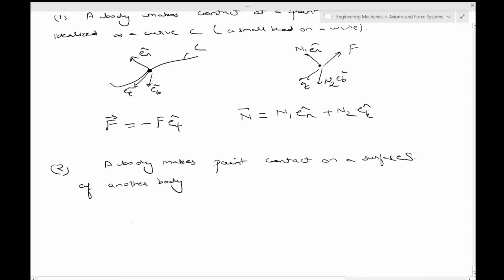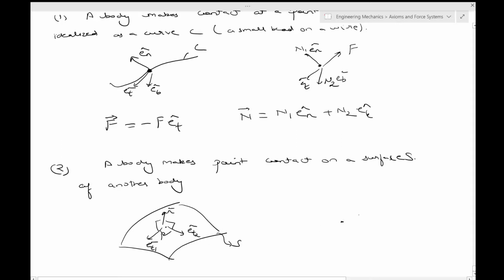So say you have the surface S and then point P, ET2, the second tangential direction. This is the first ET1 hat and this is the normal. Okay, so clearly this will be perpendicular.